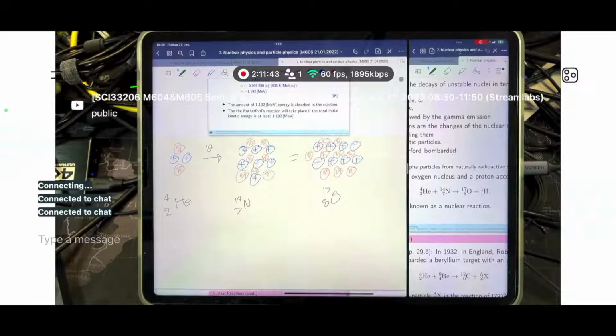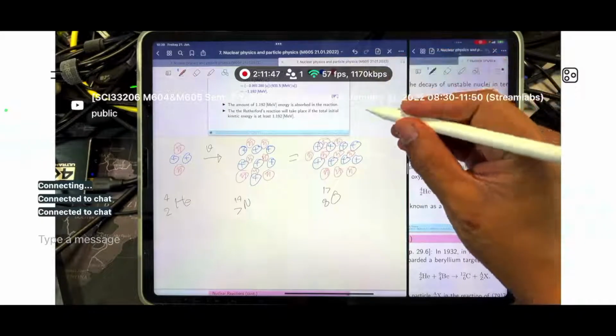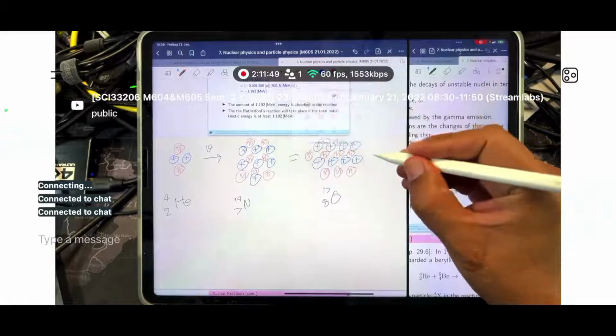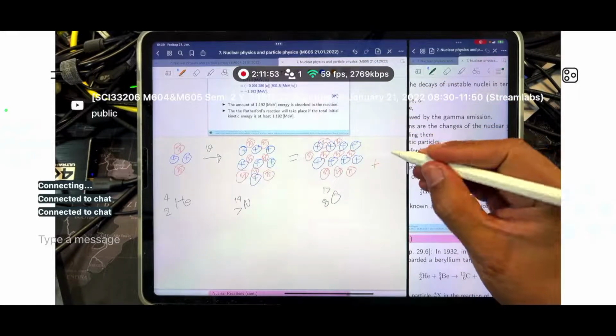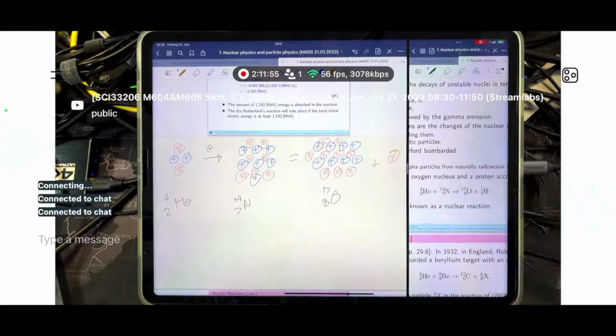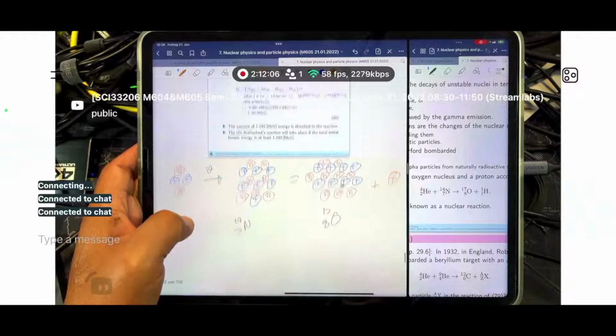And we have another one, which is the proton. Here, it's a single proton. And both could move if they have enough remaining energy.